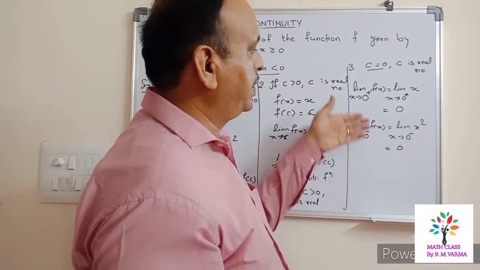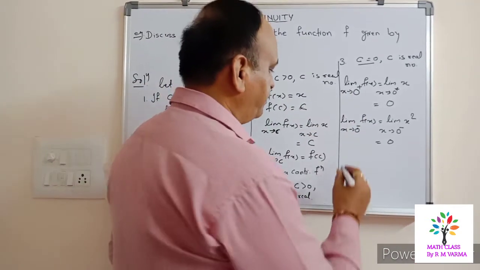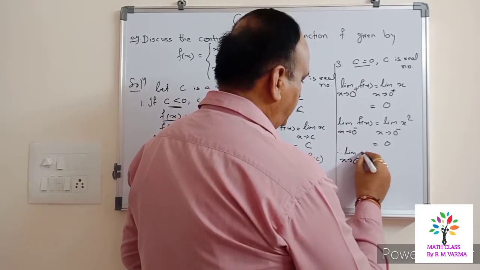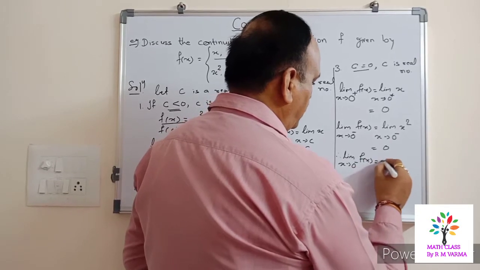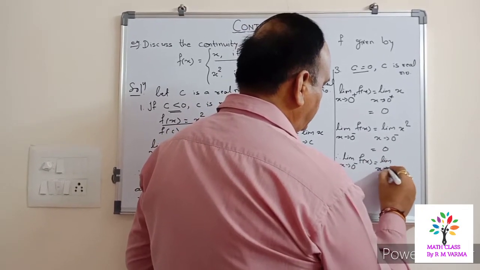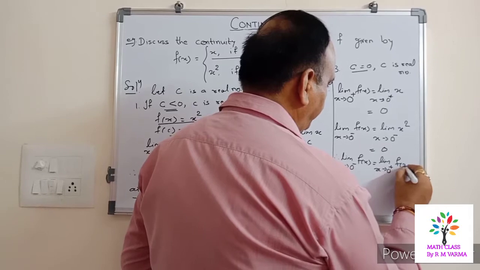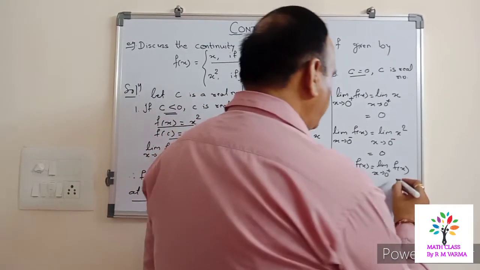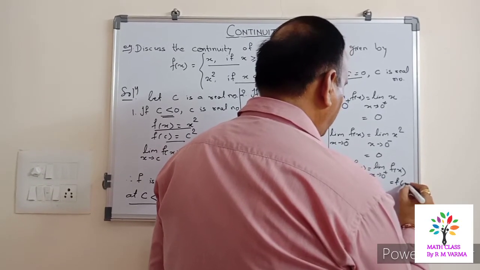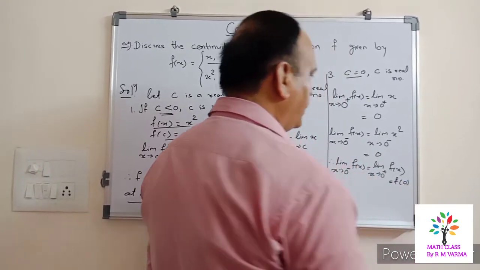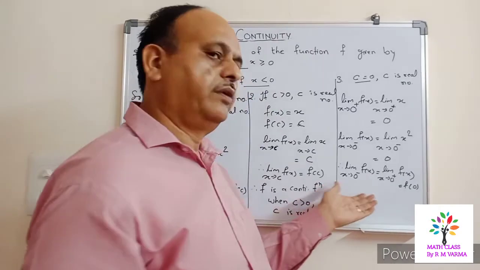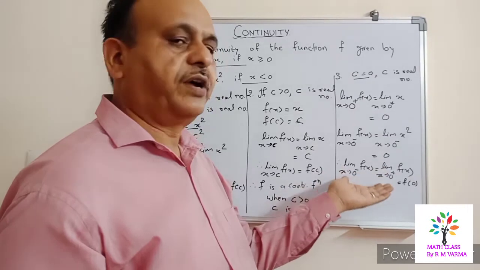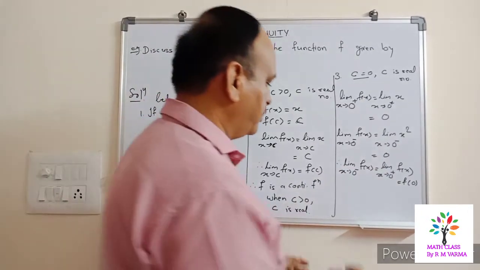So here left limit and right limit, both the values are 0. Therefore, limit x tends to 0 minus f(x) is equal to limit x tends to 0 plus f(x). So here both the limits are same, which is further equal to f of 0. So all the values are equal, so this function is continuous at x equals 0.